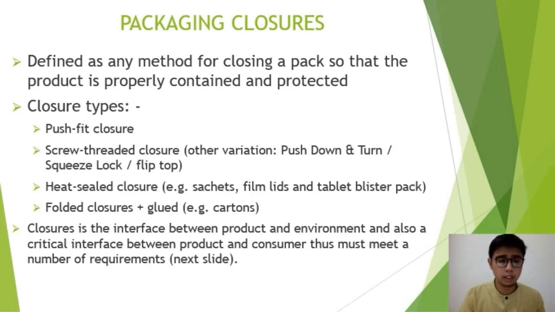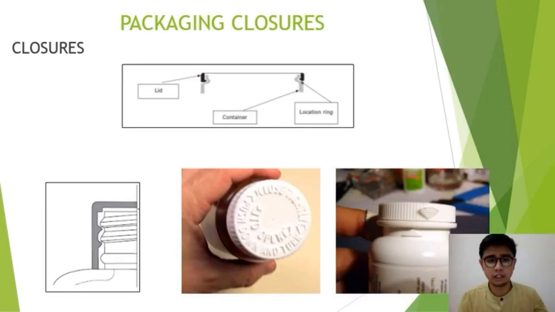The closure is the important part of the packaging because it is the interface between the product and the environment, and it is also the critical interface between the product and the consumer. Thus, it must meet a number of requirements that we will discuss in the next slide. Okay, this is just a picture example of the types of closure that we discussed before.